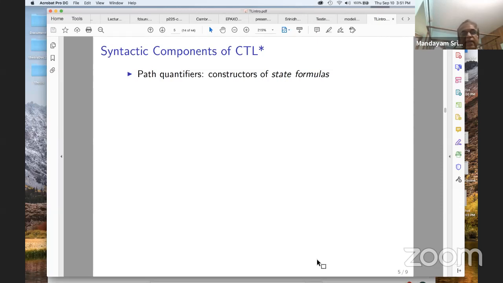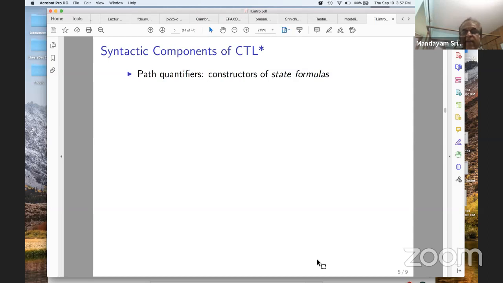So what are the syntactic components of CTL star? CTL star is able to specify branching time, and it also has path properties as a component, so it has what are called path quantifiers. CTL star has two classes of formulas, state formulas and path formulas.